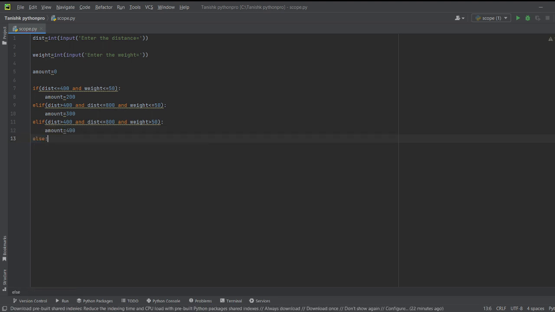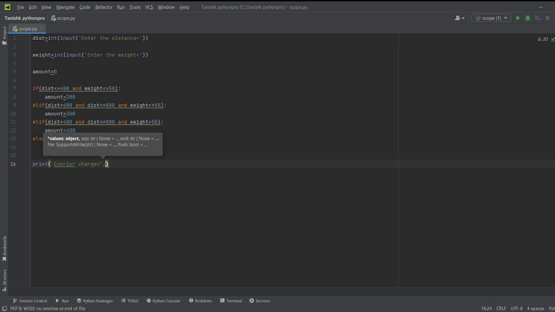Else pass. So friends, print courier charge is equal to amount.